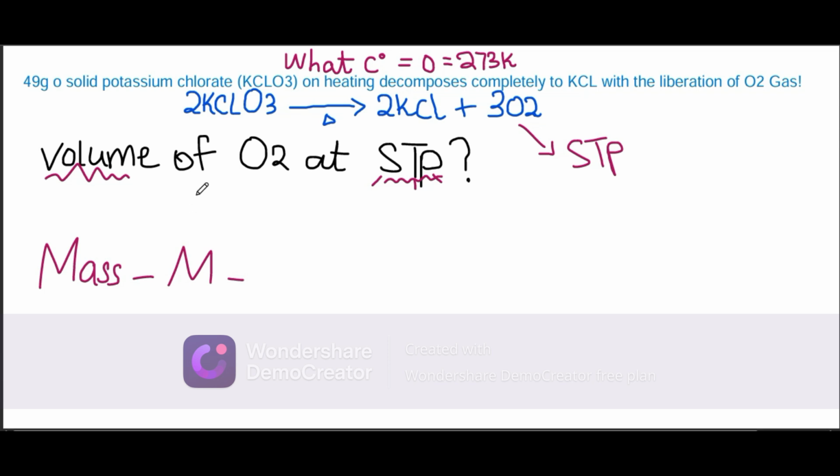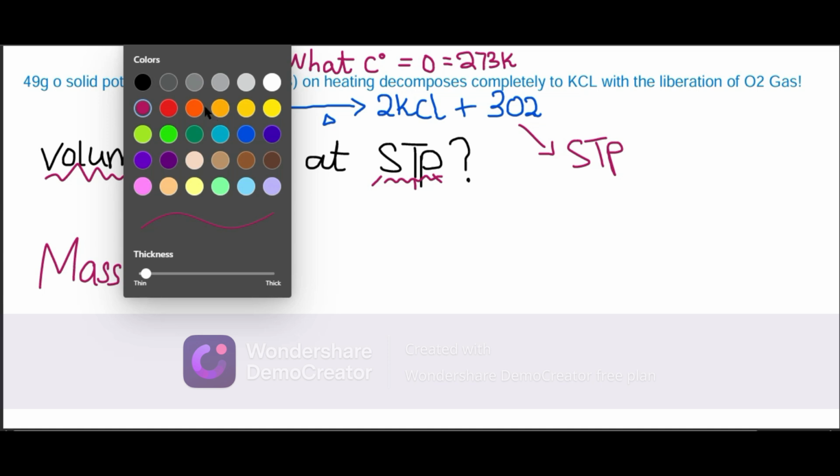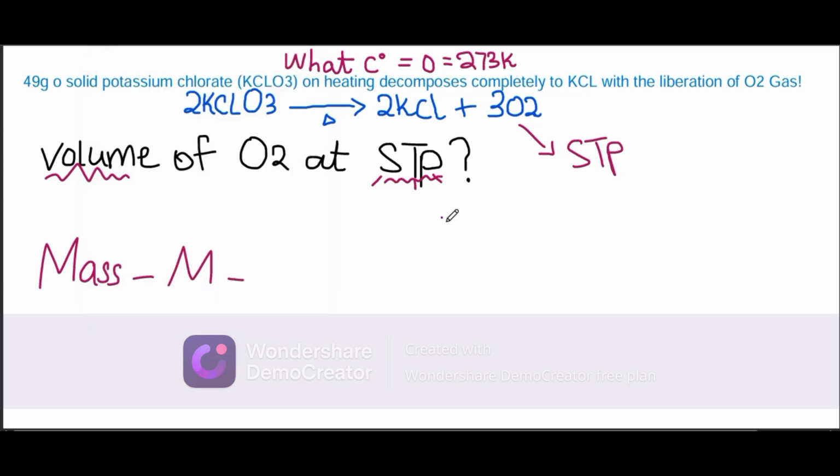Now, before doing this question, we have to first solve our mass to mass relationship. How will we do that? Let me pick an attractive color for you, purple.